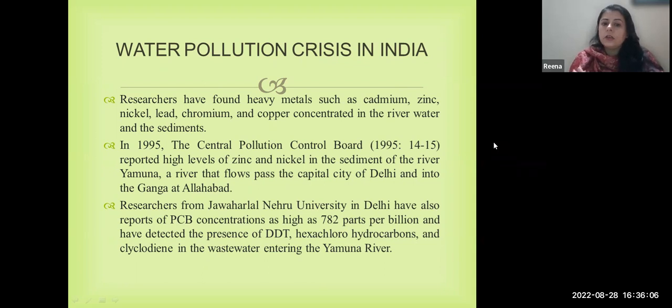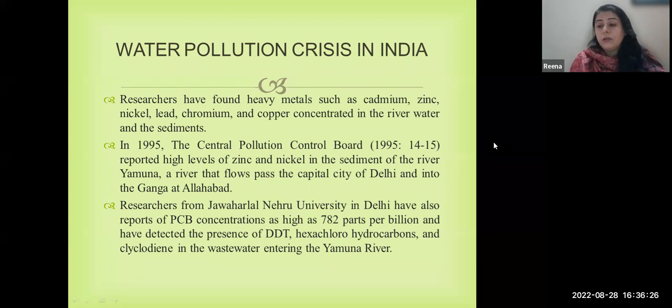JNU researchers have also reported PCB concentrations as high as 782 ppm, and they have even detected pesticides like DDT, hexachlorocyclohexane, and cyclodiene in the wastewater of the Yamuna River.